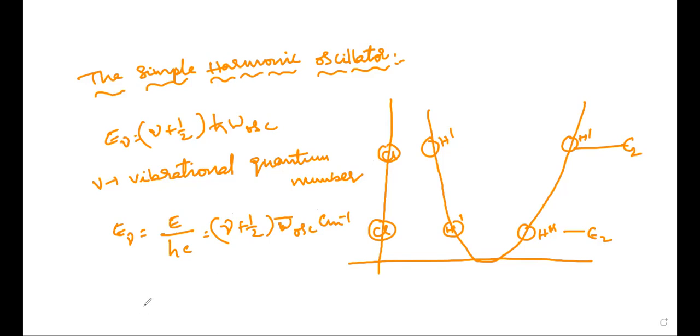In particular, for the lowest vibrational energy, E naught is equal to 1 by 2 h omega oscillations, and epsilon naught is equal to 1 by 2 omega bar oscillations centimeter, which is energy in joules.